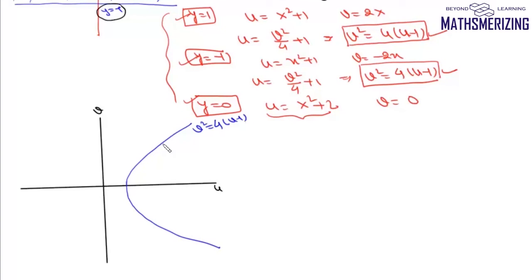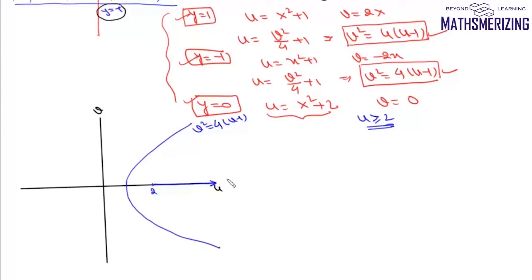Now the second one is again the same parabola. And this third one is u equals x square plus 2. So in this case, u will be greater than or equal to 2 and v is 0. So I'll represent this ray starting from 2 and going towards infinity. So this is the sketch of boundary values.